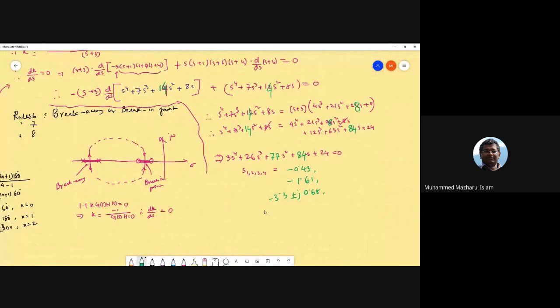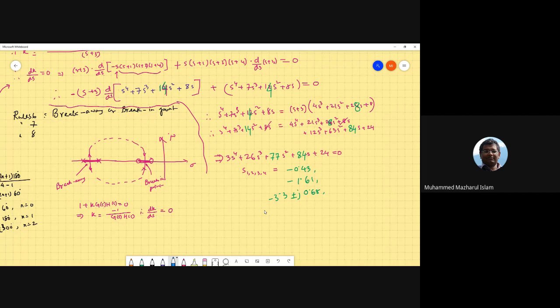polynomial. Now, as I said, you have to first understand that your breakaway point or break-in point should be within a range. So in our case, the breakaway point resides between 0 and -1. So this is the breakaway point. The others can be discarded.